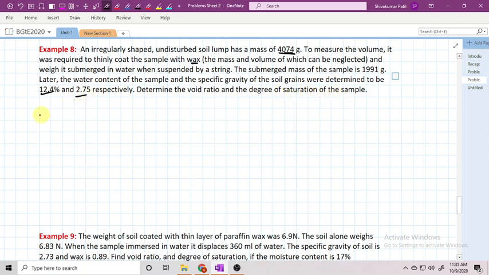Let me draw a rough figure here. There is an irregular shaped soil mass, some soil sample.